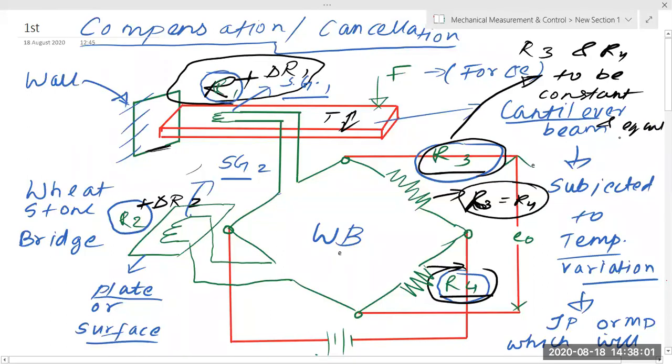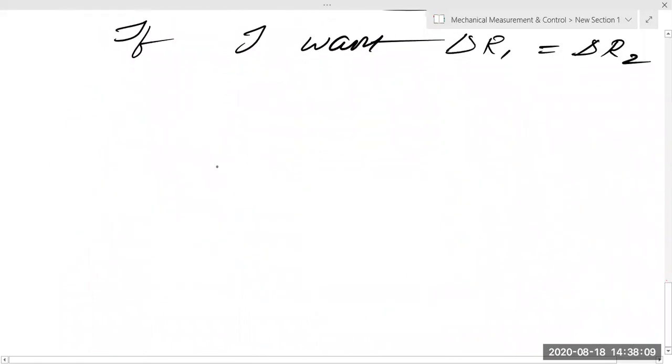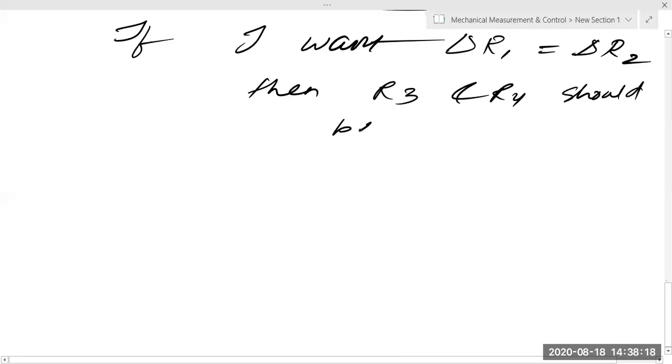If they are also varying, then there will be an issue. So what do we want? We want both the resistances to be constant and equal. So what I'm saying, if we want delta R1 equal to delta R2, then R3 and R4 should be constant and equal. This is the thing I wanted to tell you at the start, but I did not tell you for a specific reason.